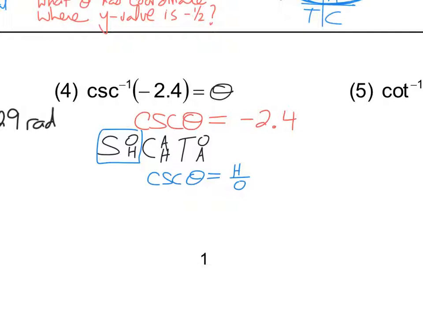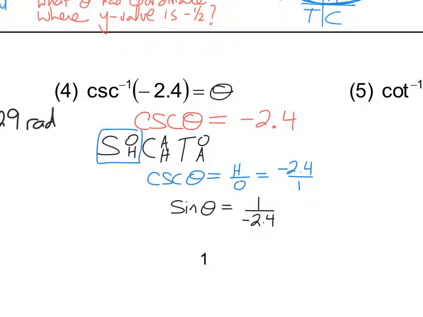If they're telling me that I have a cosecant ratio equal to negative 2.4, I could write it as negative 2.4 over 1, just to make it a fraction. And what that would give me is the corresponding sine ratio, because then sine of theta would have to be 1 over negative 2.4. You put the negative wherever you want. I'll take the reciprocal of the cosecant function as long as I take the reciprocal of the other side of the equation.